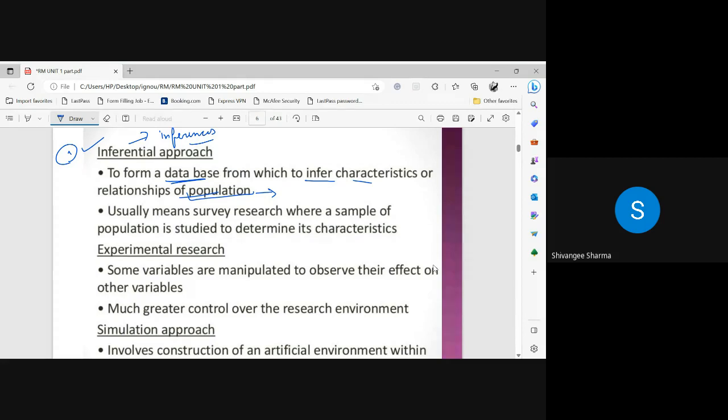So usually means survey research where a sample of population is studied to determine its characteristics. Suppose we take an example, whether the students are satisfied with a particular course or not.